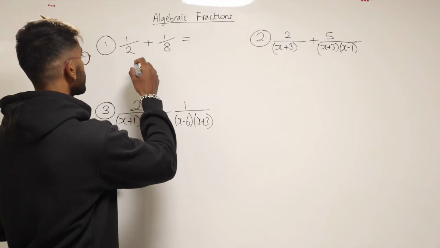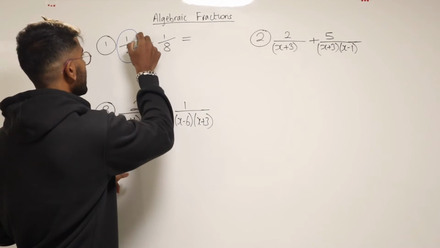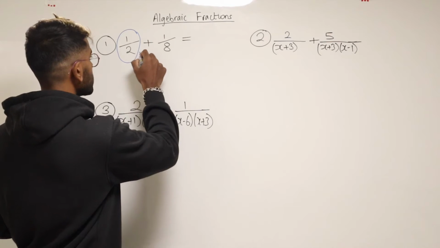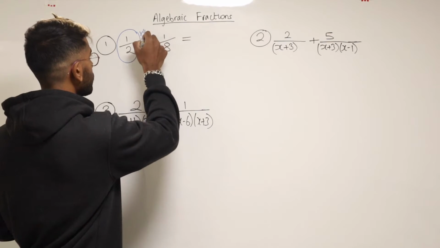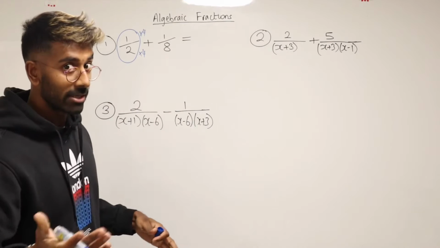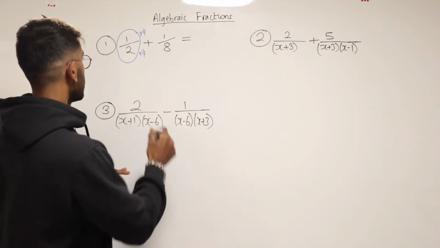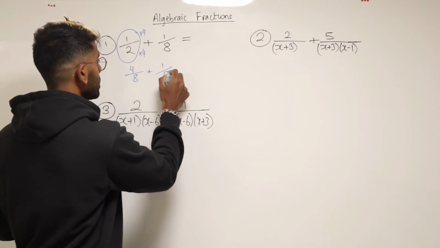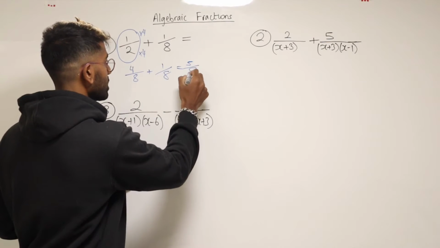And so all I need to do is really take that first fraction and times the top and bottom by 4. So if I times the bottom there by 4, times the top by 4, I get 8 on the bottom. And so that's really good. And so we've got 4/8 plus 1/8. And so we end up with 5/8.